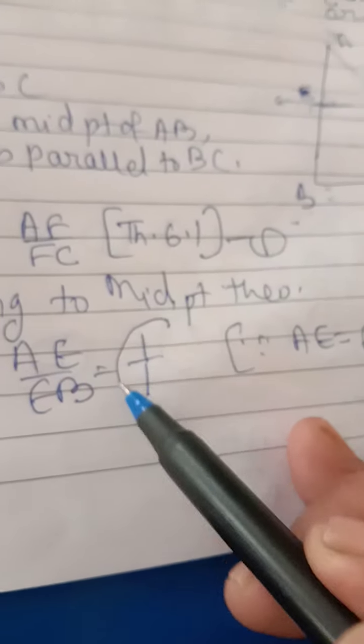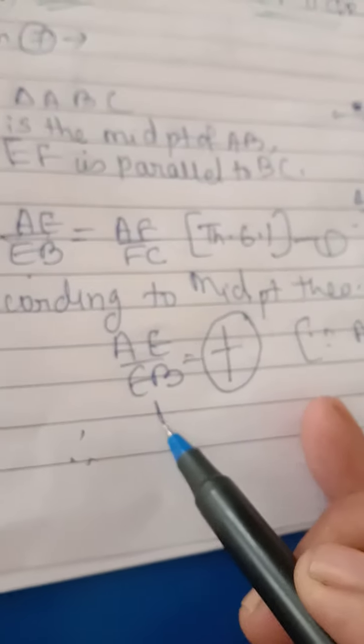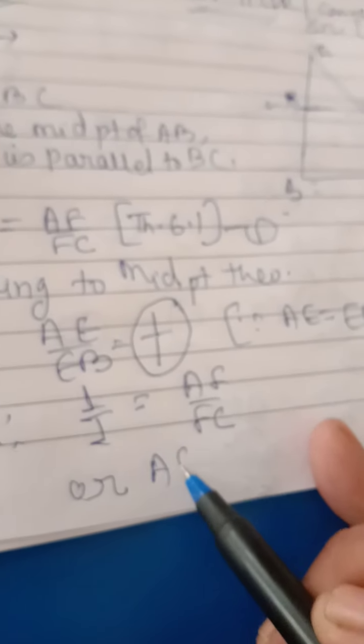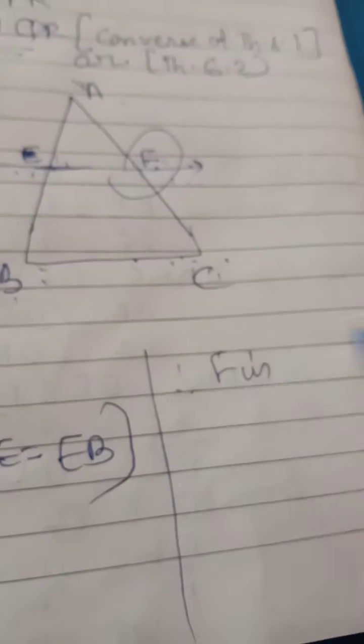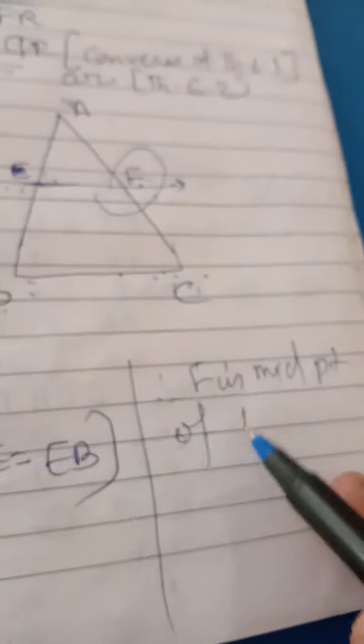If I put this ratio here, I will write therefore 1 by 1 is equal to AF upon FC, or I can write here AF is equal to FC. So what I will get? AF is equal to FC means F will become the midpoint. So I will write therefore F is midpoint of AC, and hence proved.